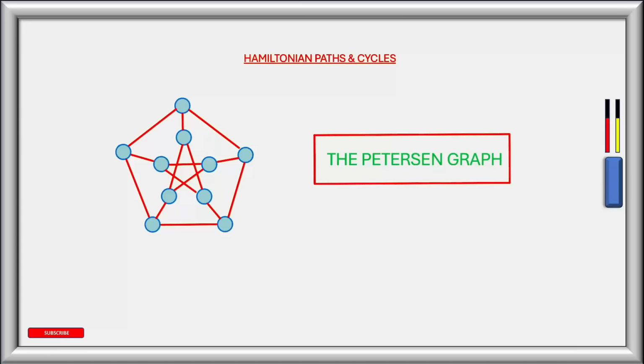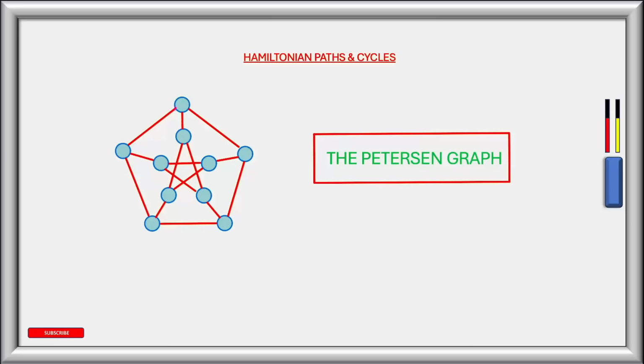Now let's look at the famous Petersen graph. It has 10 vertices and 15 edges. And so it's quite easy to trace a Hamiltonian path here. So let's trace one. Remember, we need to visit every vertex once.